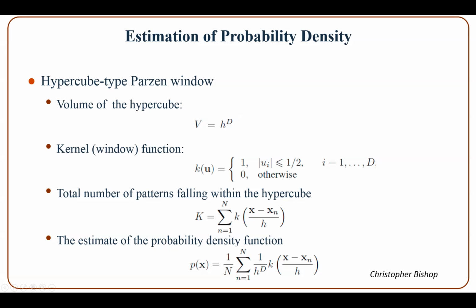Taking the sum from 1 to capital N, we have the total number of patterns or points or instances falling within the hypercube. Replace k in the approximation for the density in the previous slides, and also v, the volume of the hypercube. We have the estimate of the probability density function.